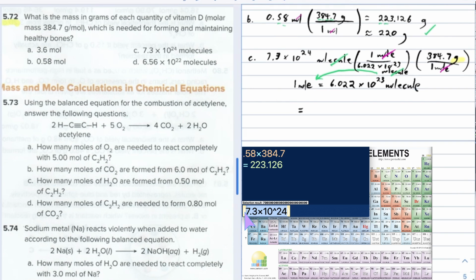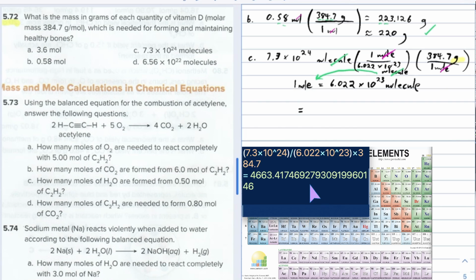So let's just see. Okay, so we take that, we divide it by, let's parenthesize Avogadro's number, 6.022 times 10 to the 23rd, and then we're going to multiply that by 384.7, and there you go. The answer comes out to 4663.4174 grams.